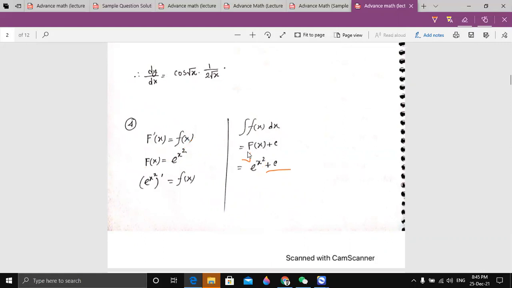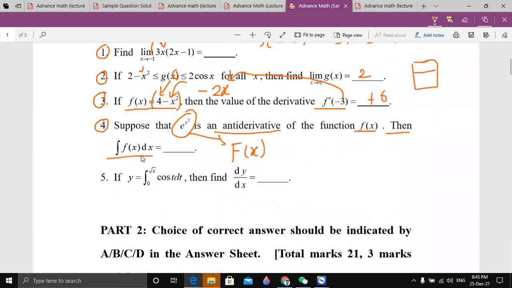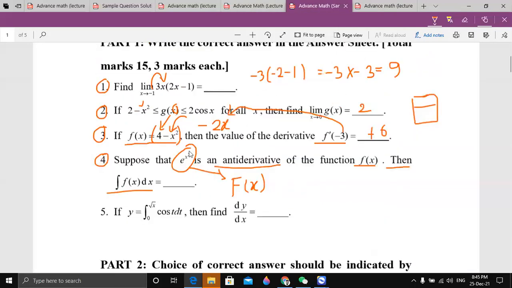Guys, can you understand? We had, suppose that e to the power x square is an antiderivative of the function f of x. That means e to the power x square, this is capital F of x, right? So then we have to find integration of f of x dx.